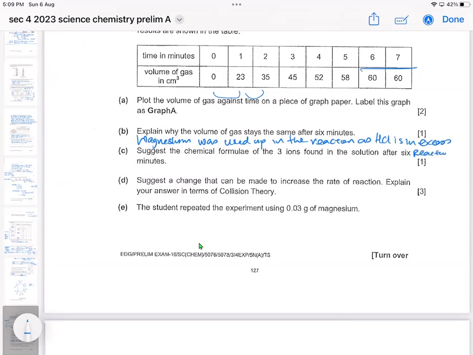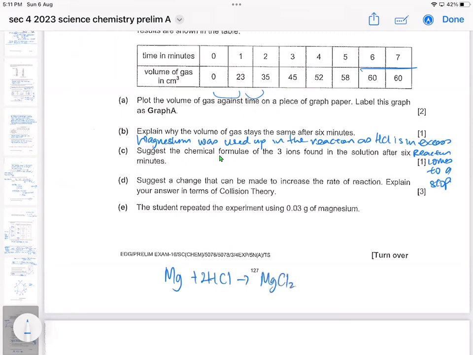So we'll say over here, the reaction comes to a stop. Now, what is actually happening in the reaction? We have magnesium plus hydrochloric acid.